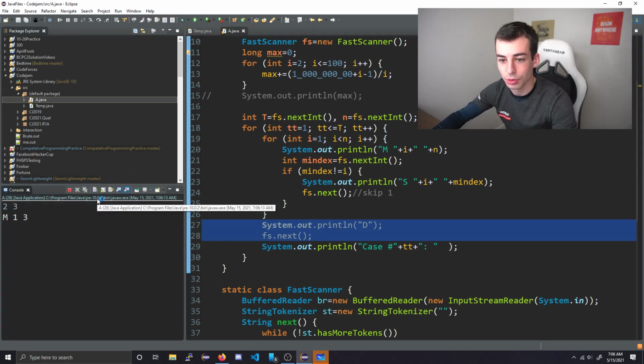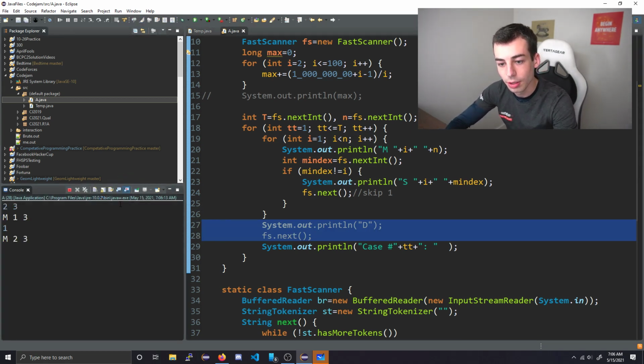Test cases, n equals 3, minimum is 1, minimum is 2, then we're done. Got it. Minimum is 3, swap 1 and 3. Good. Minimum between these two, let's say this is also 3, swap 2 and 3. Good, and then you're done.